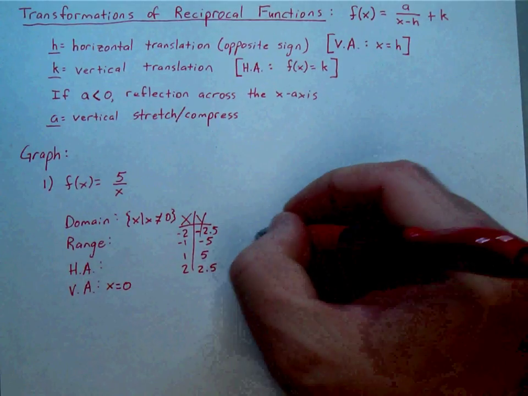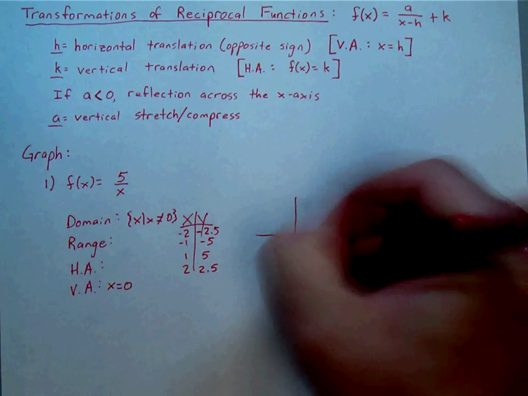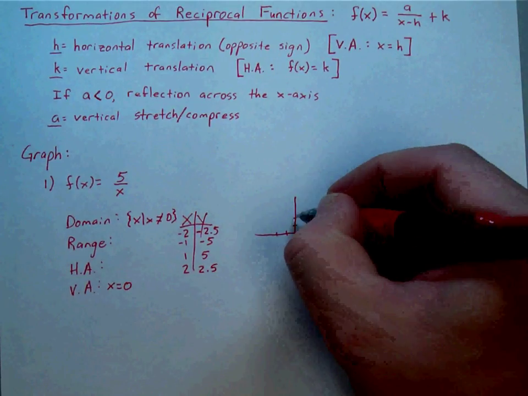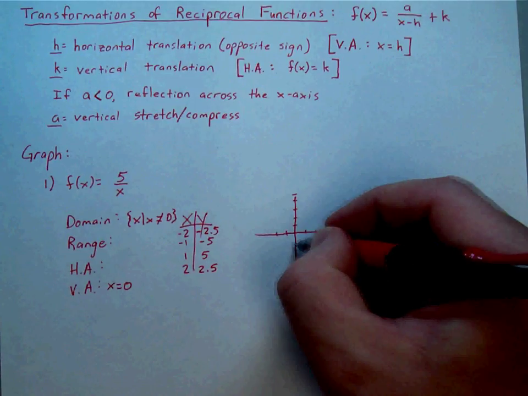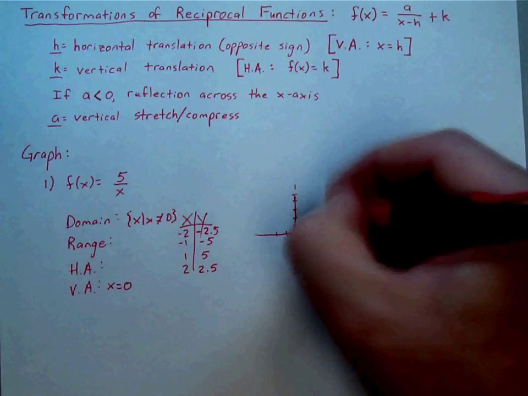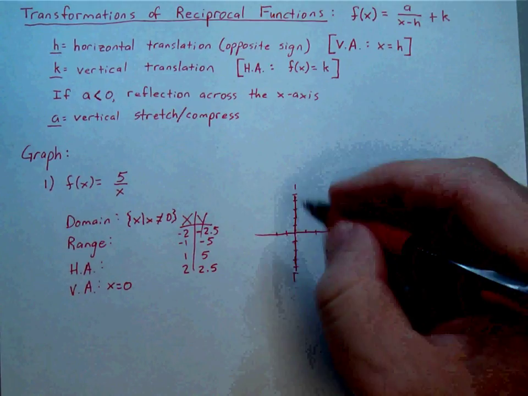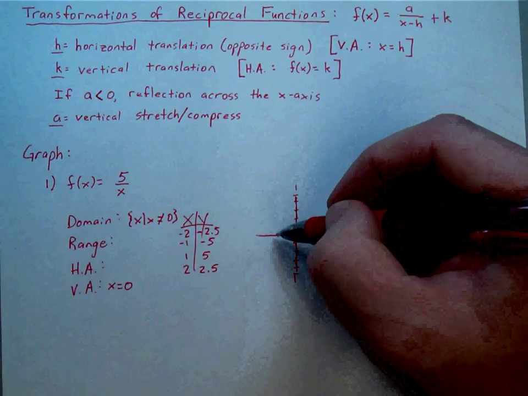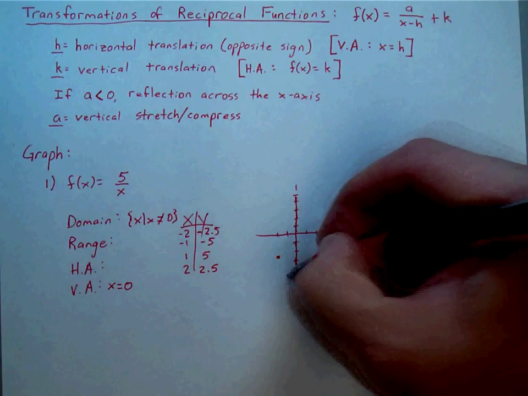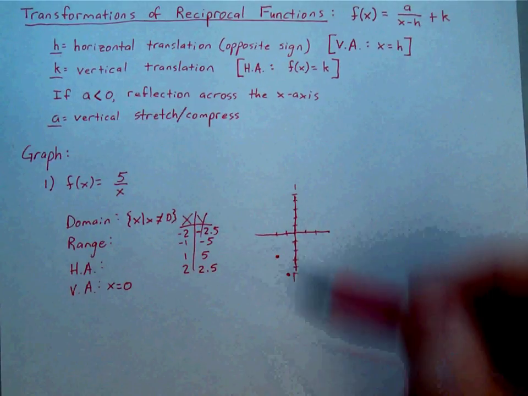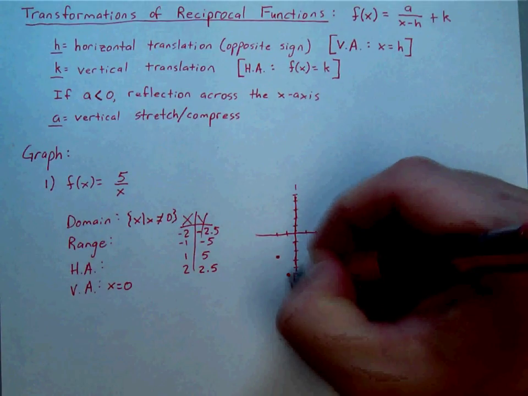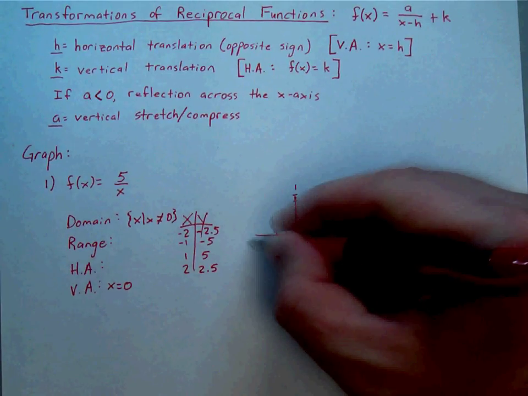And so if I start to graph this, we see that there's the vertical asymptote at x equals 0. And when I'm on the left side of that asymptote, my graph is down here, and it's actually looking like this.